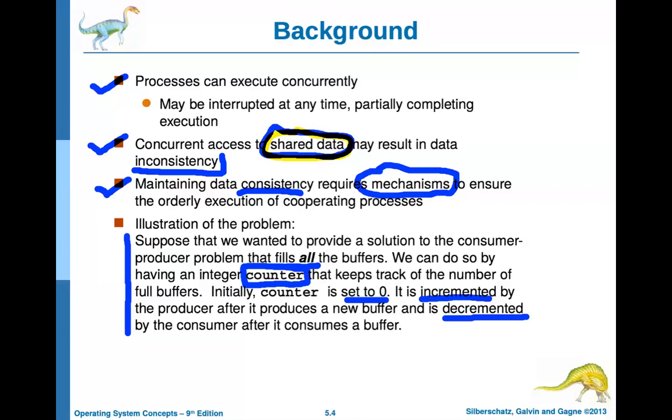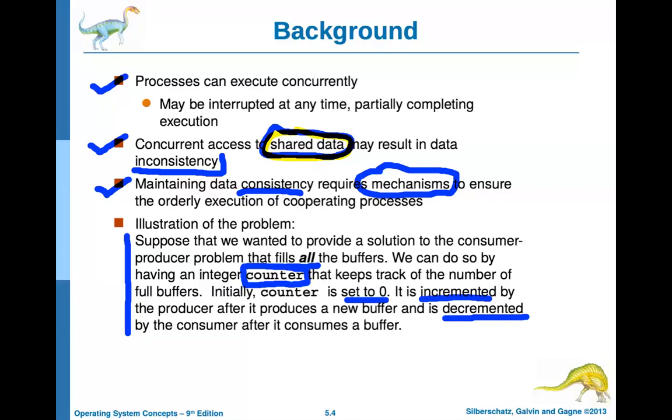So we are synchronizing between producers and consumers. This is the logical solution to check how many elements are there in the buffer. If it is 0, stop the consumer because there is nothing to consume. If it is equal to capacity, stop the producer because there is no space to store this new item.